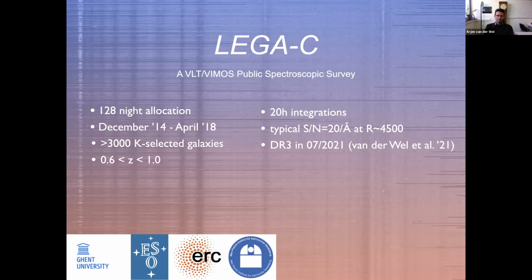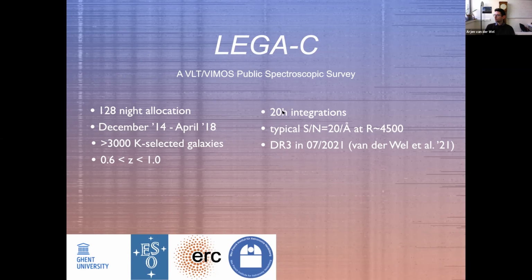So what is the survey? Very briefly. Key is that it's a K-band selected sample of all morphological types. So it's a good mix of star forming and quiescent galaxies. That's new in this redshift range up to redshift 1. We spent more than 100 nights at the VLT collecting these data. And that's because we did 20-hour-long integrations of individual masks of objects.